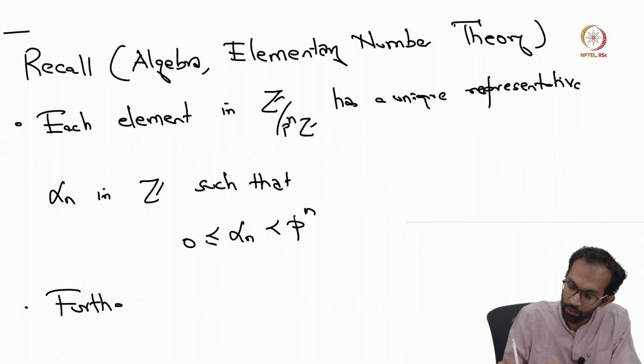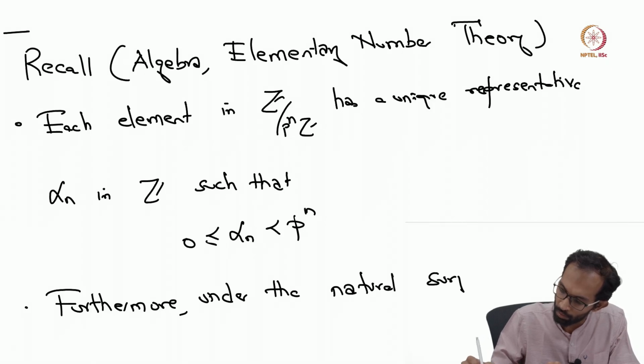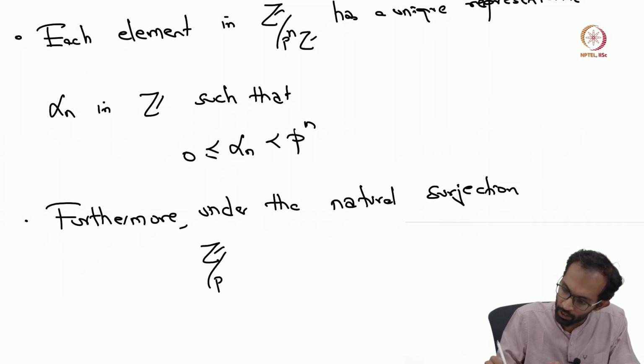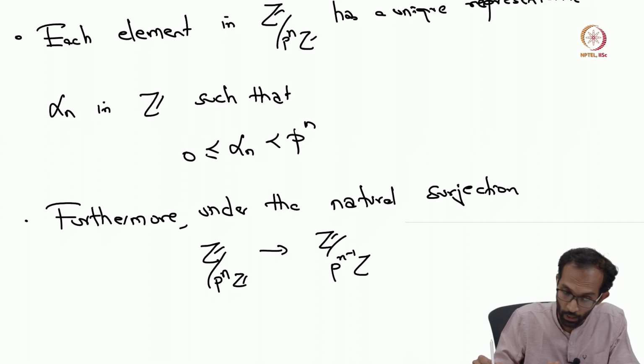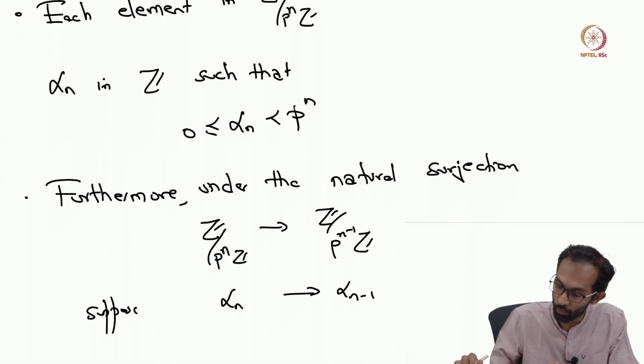Okay, and furthermore, under the natural surjection from Z mod p^n to Z mod p^(n-1), suppose you have that alpha_n maps to alpha_(n-1).